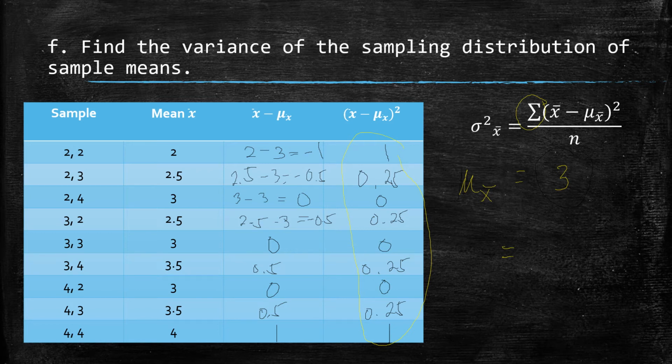That is 3 divided by, what is your sample size? The sample size is 9. So 3 divided by 9, this is the variance. That's 1/3 if you simplify, or in decimal, that's 0.33 with a bar, which means it is repeating.